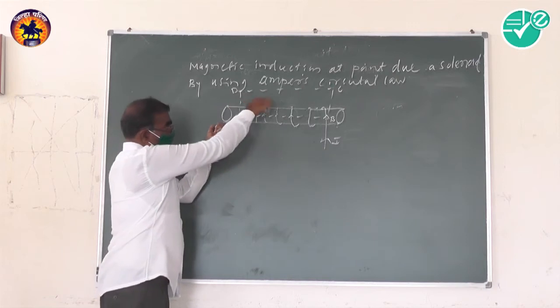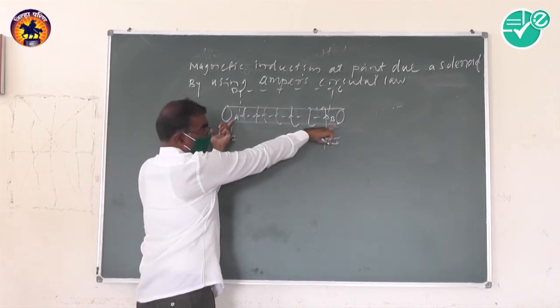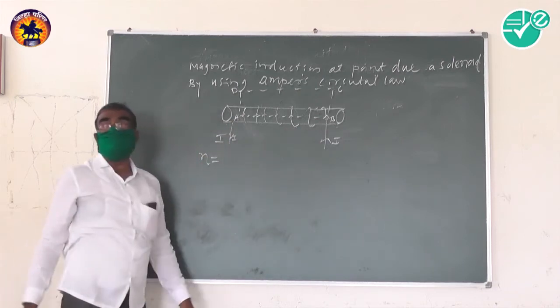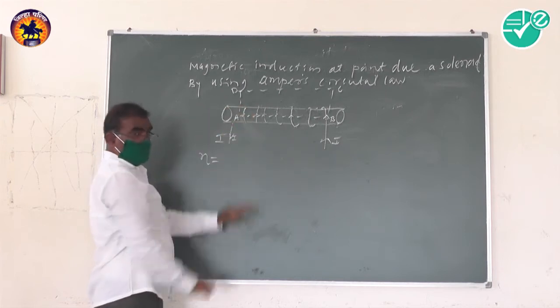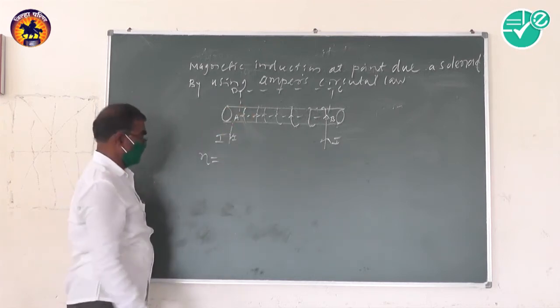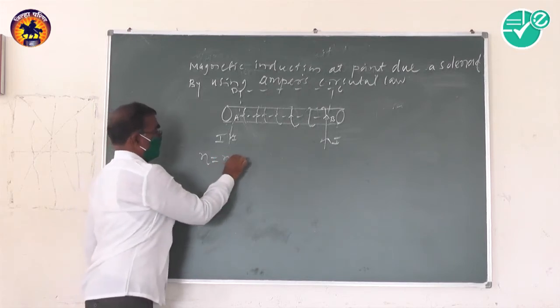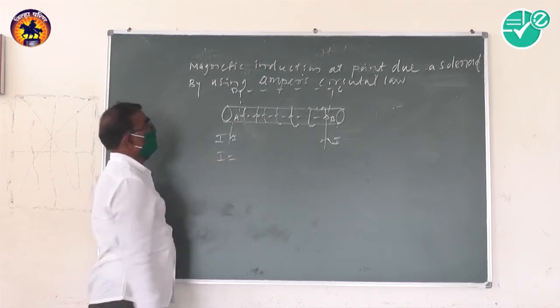We know that the wire is wound on a non-magnetic material tube. n is the number of turns per unit length, that is, per meter length. I is the electric current.